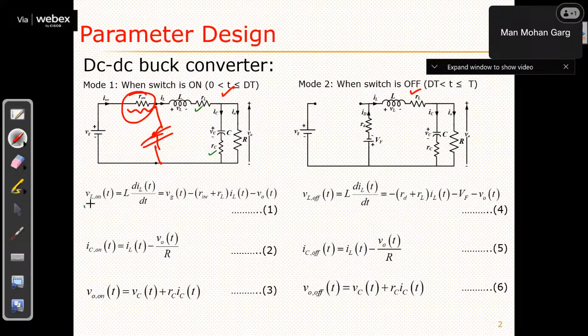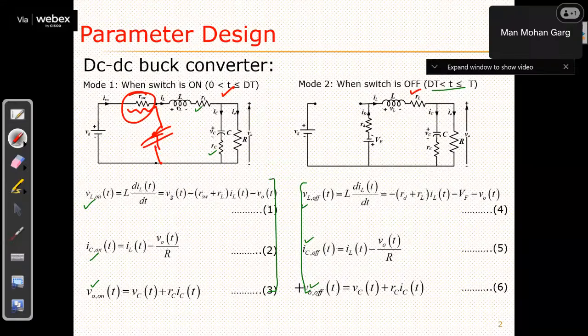We have written the inductor voltage, capacitor current, and output voltage equations, the standard three equations. When the switch is off, we also represent the inductor voltage, capacitor current, and output voltage. So we have done the analysis for switch on and switch off. These three equations will also be used for modeling purposes.